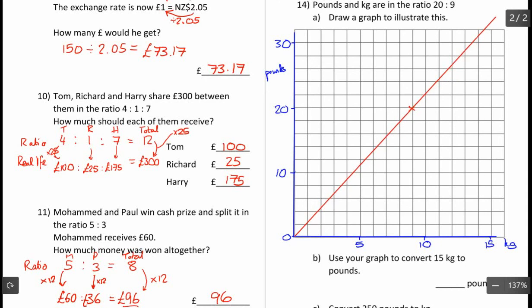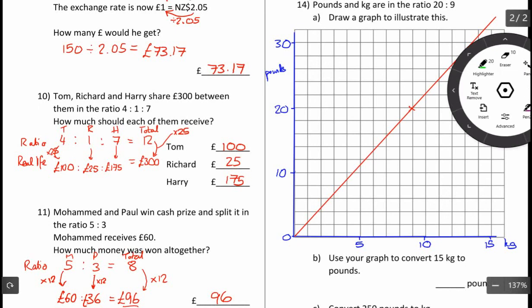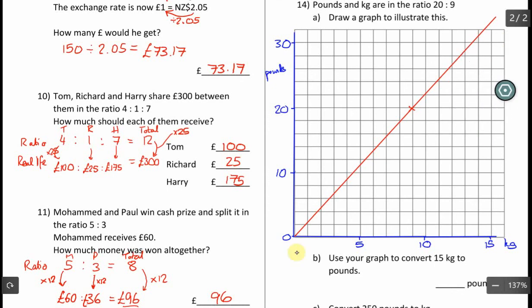Right, going up from 15 kilos is not going to reach my line. Sorry, it's going to reach the line, but it's going to be off the graph slightly.